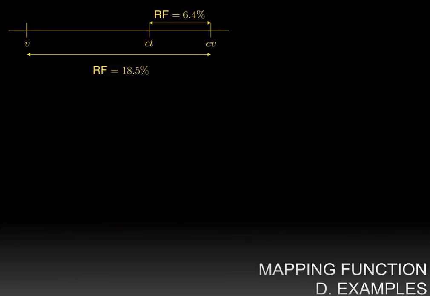We have 3 linked genes: vermilion, cut, and crossveinless, and the recombinant frequency between vermilion and crossveinless is 18.5%, whereas the recombinant frequency between cut and crossveinless is 6.4%, and our goal is to determine the corrected map distance, because these distances are in fact underestimates of the true distances between the genes.